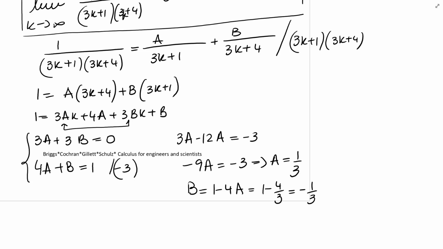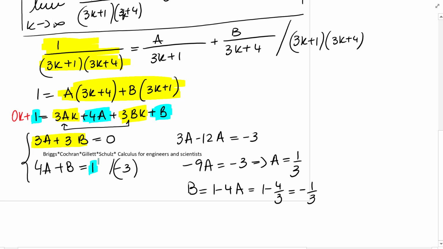I did the computation and broke down the fraction, then opened the parentheses and combined the like terms. We factor out the k, so the terms 3a plus 3b equals 0, because the term with k here is 0k plus 1. And the terms by themselves, 4a plus b, equal 1.